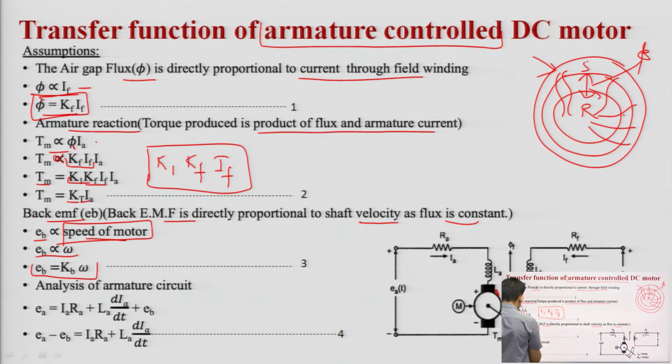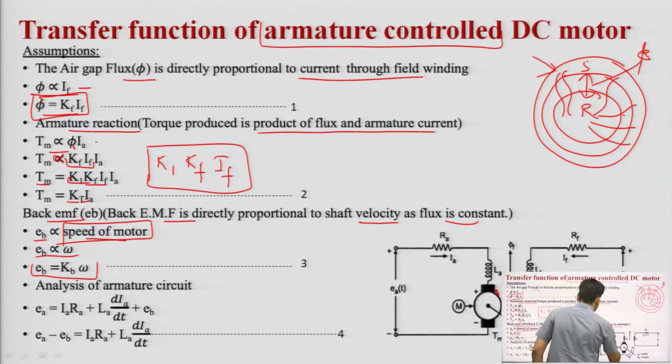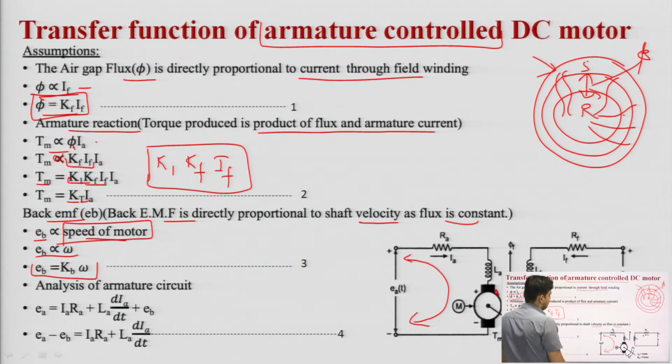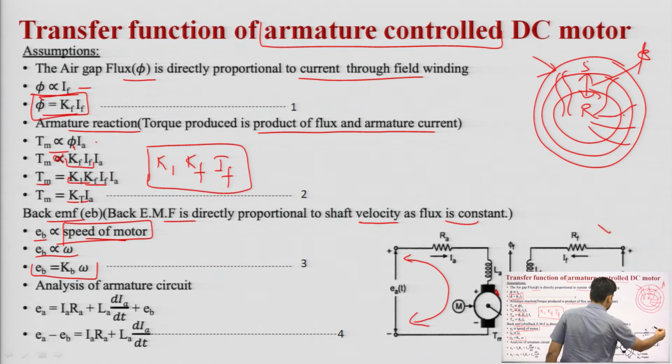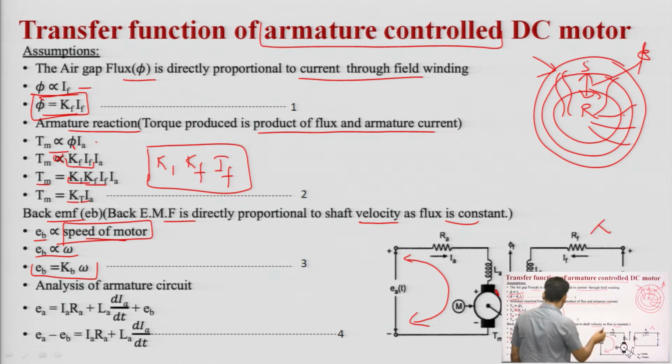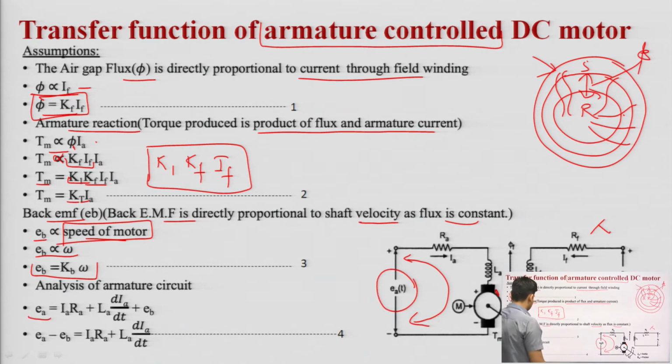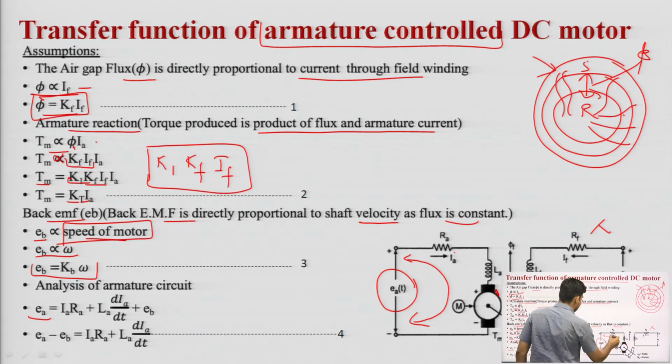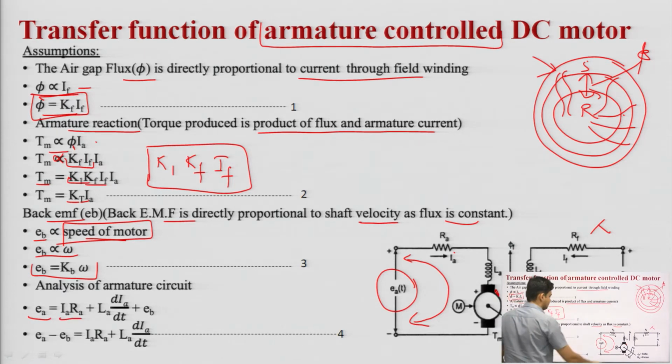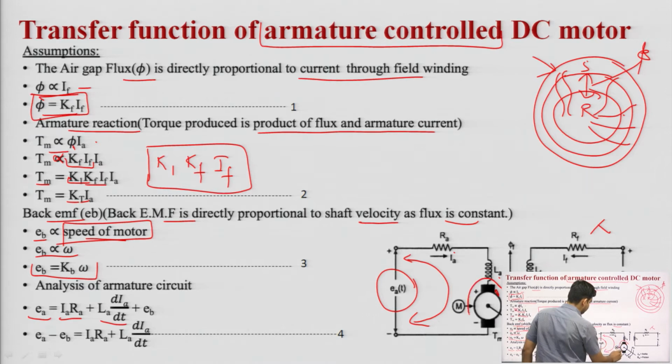So, for the analysis of this armature circuit, I would like to apply the KVL equation. Right now we are observing the armature control, so we will not look at the field loop, only at the armature circuit. Here E a is the armature voltage, given by I a R a, the current passing through the resistance R a, plus L a, the armature inductance, times d I by dt, plus E b, the back EMF generated across this motor.